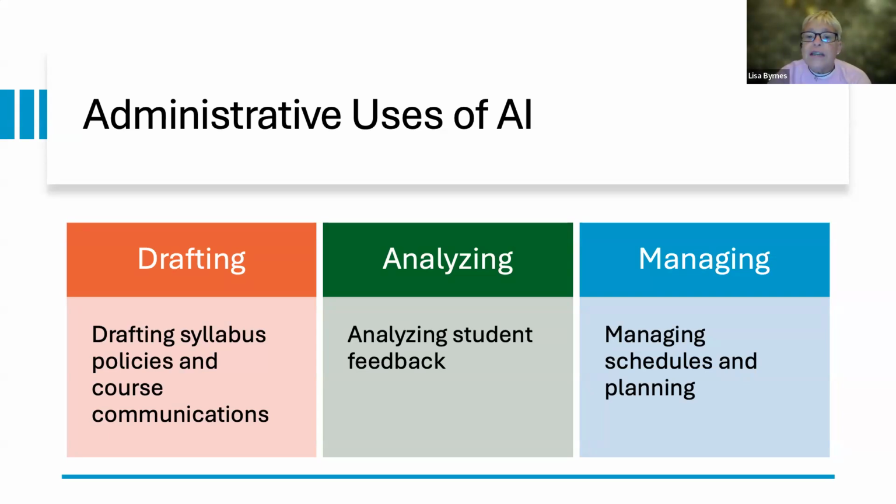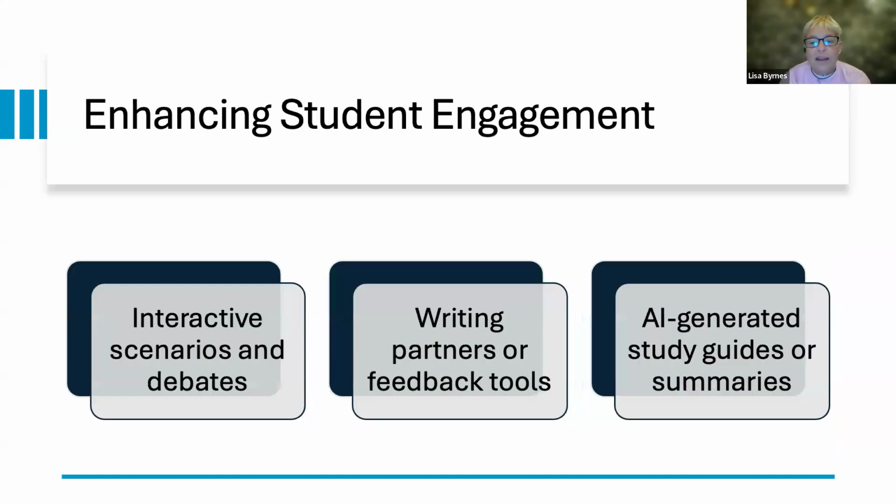You could also do this for each assignment. Maybe you have one assignment that you are instructing the students to use AI for a certain purpose, but maybe the next assignment you absolutely do not want them to use AI. So it should be important that you put those expectations in every assignment so students understand when they can use AI and when they can't. So you really have to guide them on how to use that.